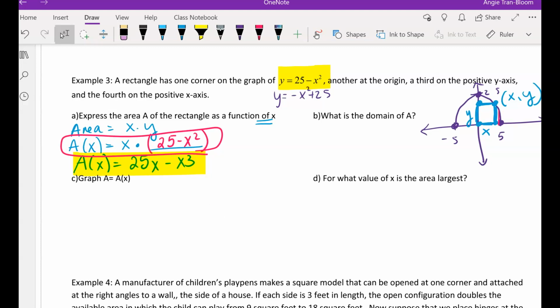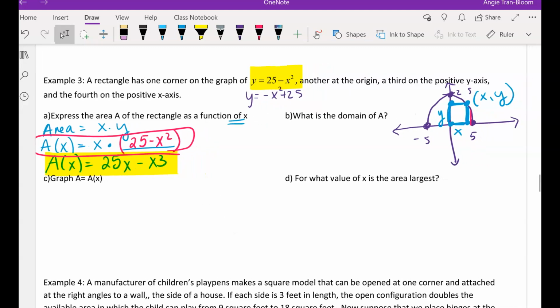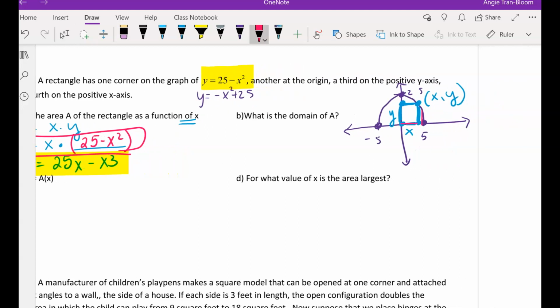Question B, what is the domain of A? And again, the domain is talking about what values x can be. In this case, it's talking about what values the base of this rectangle can be. Obviously, x is the base. The smallest base you can have is anything slightly bigger than 0, non-inclusive 0. What's the largest value you can have?